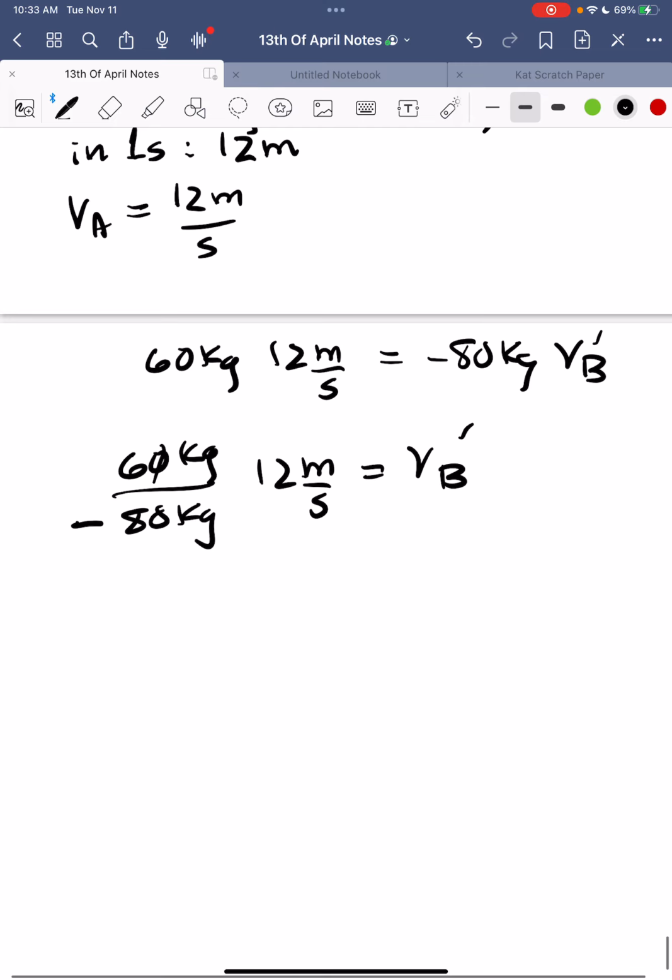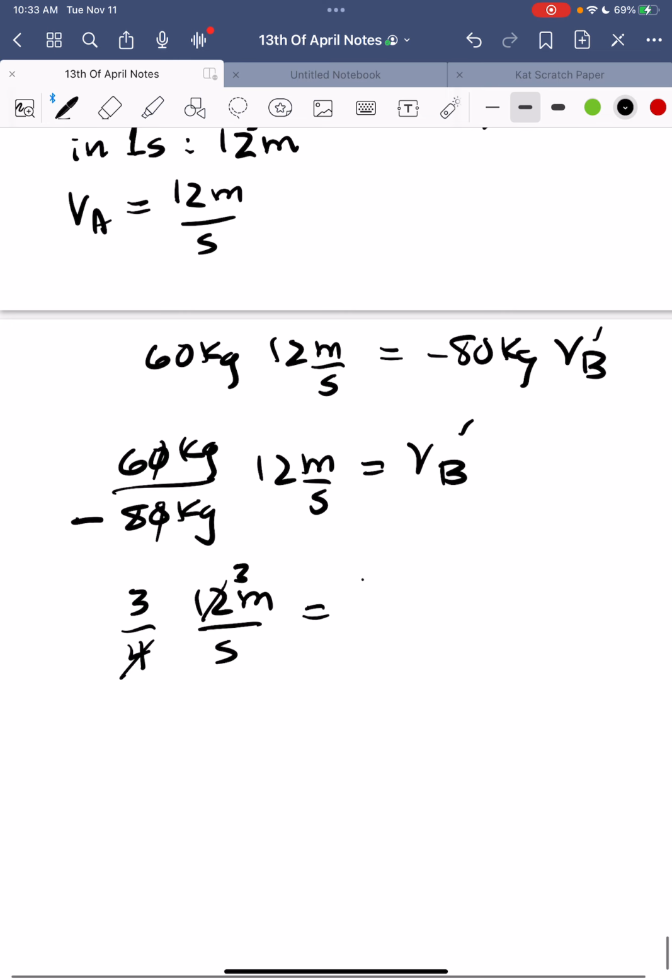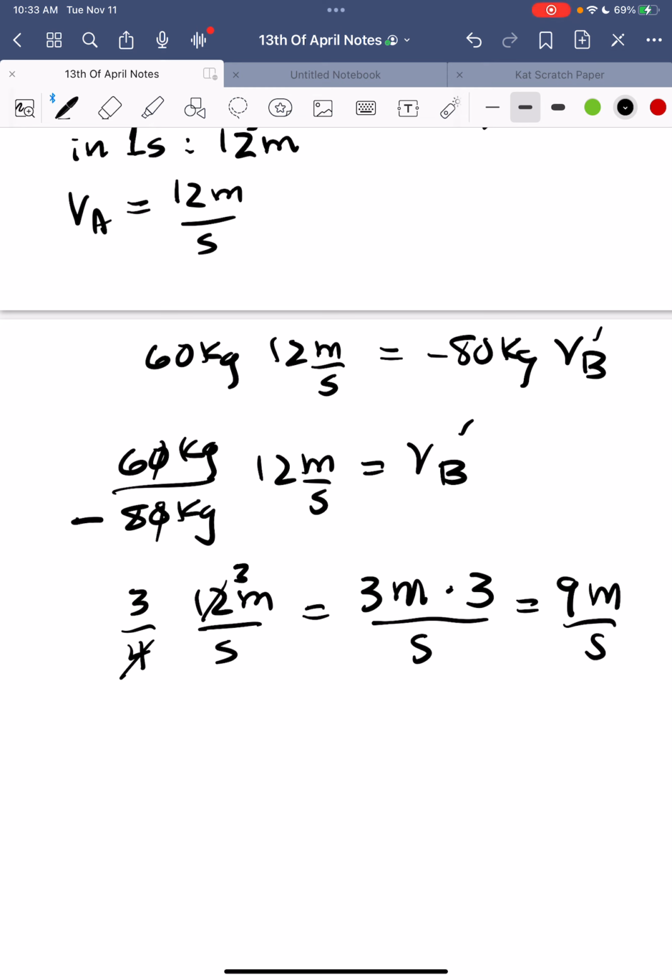So I can cancel the zeros out, and 6 over 8 is really like 3 over 4. And this is 12 meters per second. And I've got a 4 here, and I got 3 fours there. So this is going to end up being 3 meters times 3 per second, 9 meters per second. So the velocity of B is 9 meters per second.